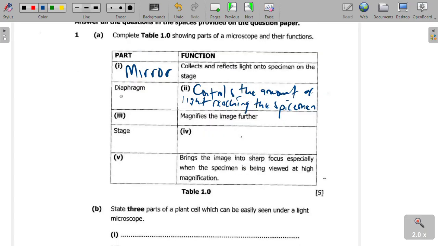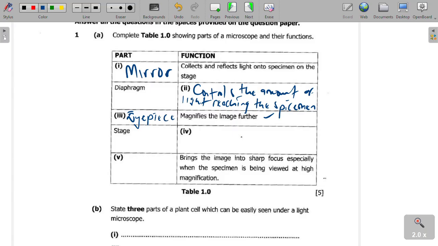Number three. The function we are given here is magnifies the image further. What part of the microscope magnifies the image further? Here we have the eyepiece.